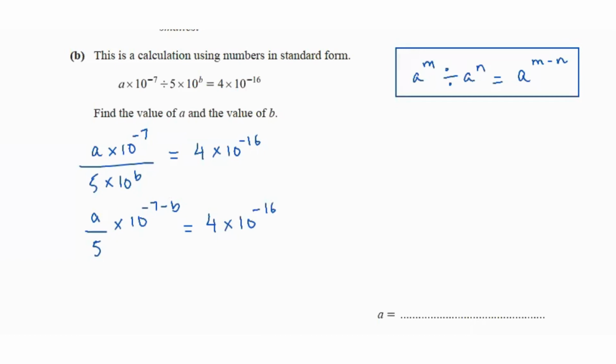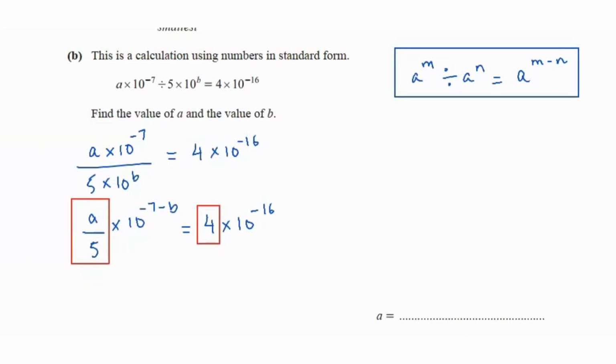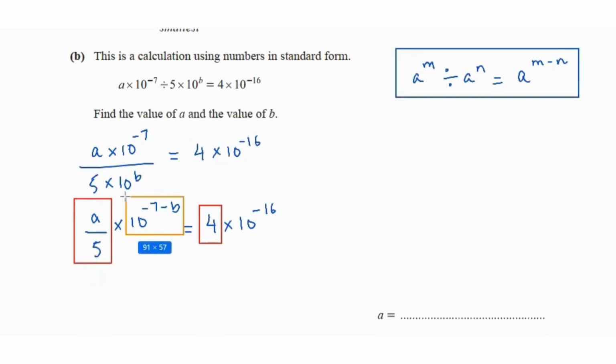Now we're going to put similar terms equal to each other. a over 5 and 4 are put equal to each other, and 10 to the power of negative 7 minus b is equal to 10 to the power of negative 16.